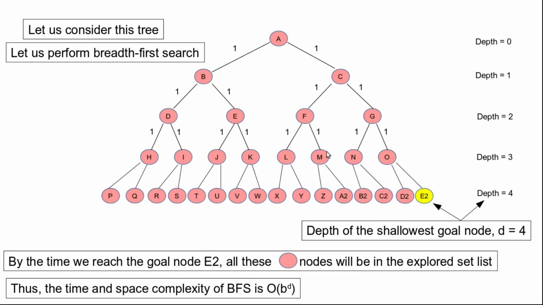If the branching factor is b, then in depth 1 we will have b nodes, in depth 2 we will have b squared nodes, in depth 3 we will have b to the power 3 nodes, and hence if we add them it would be big O of b to the power d.